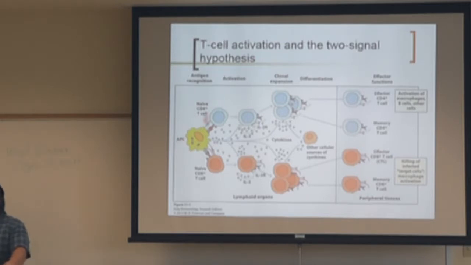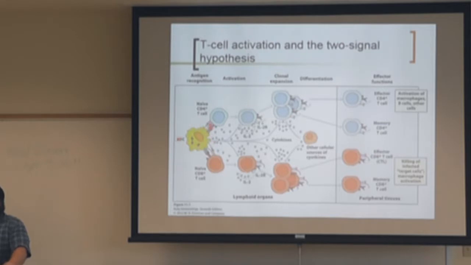Again, the T cells will come along, and here we see our naive CD4 T cell and our naive CD8 T cell. If they receive the proper signals, which is their cognate antigen-MHC binding to their T cell receptor, but then also receive co-stimulation.